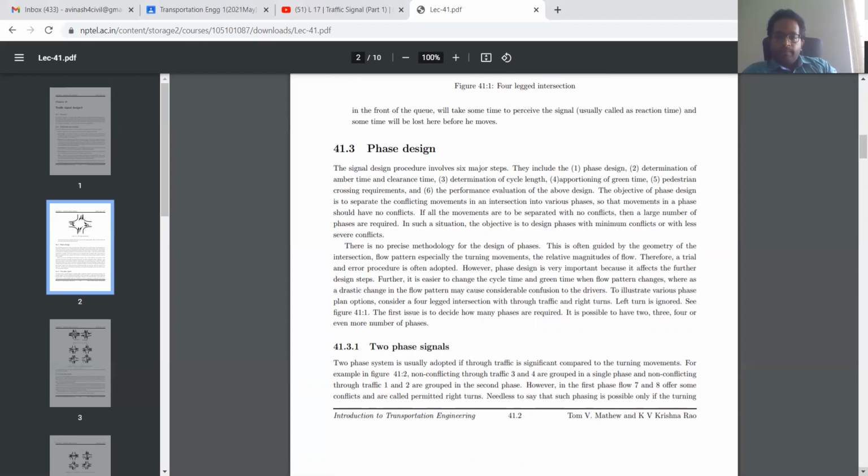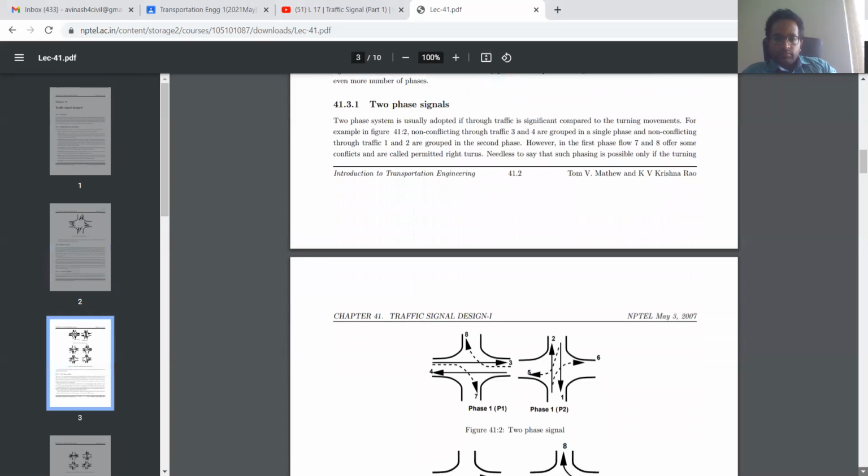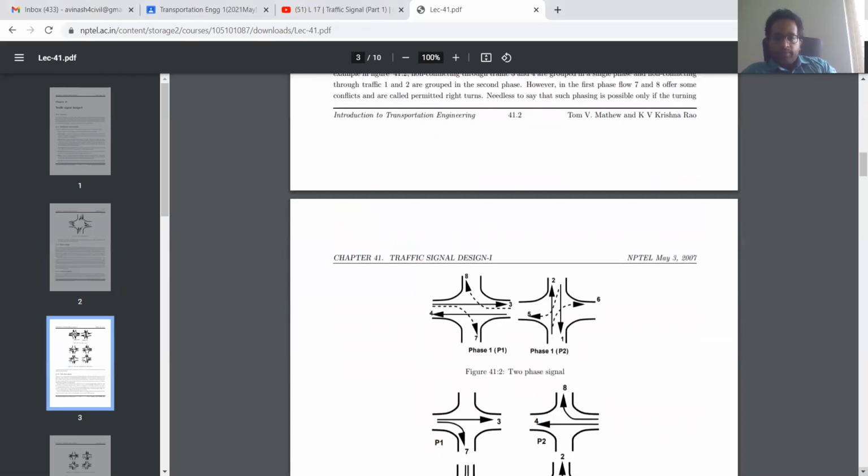If through traffic is significant compared to the turning movement, you are approaching an intersection, the vehicle is located in an intersection where the through traffic is significant and the turning movements are insignificant. So in such a case, you will be adopting a two-phase signal. Observe this figure.